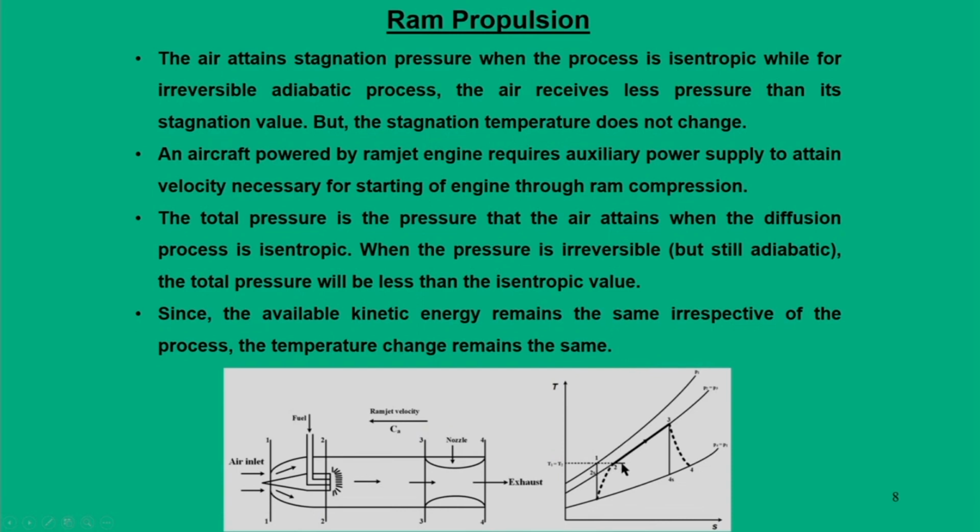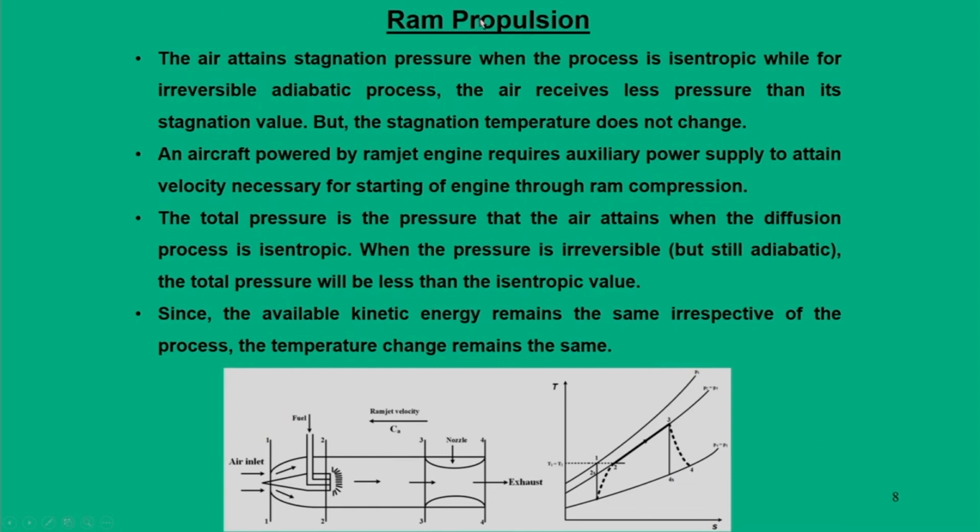The other concept of ram propulsion is that when the aircraft is powered by a ramjet engine, it requires an auxiliary power supply to attain the velocity which is necessary for starting the engine through ram compression.